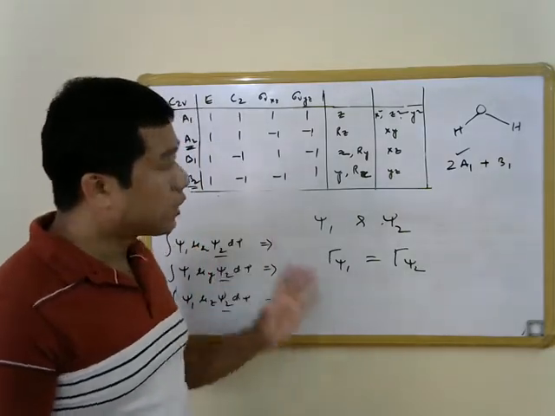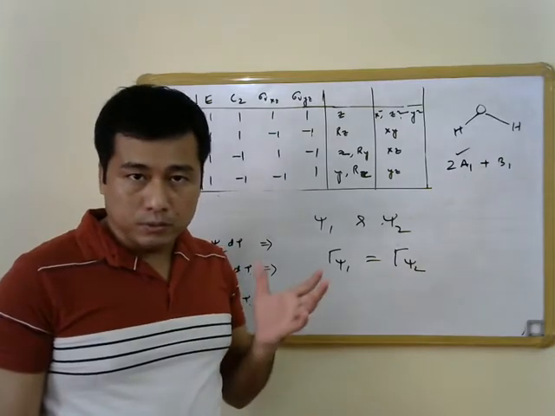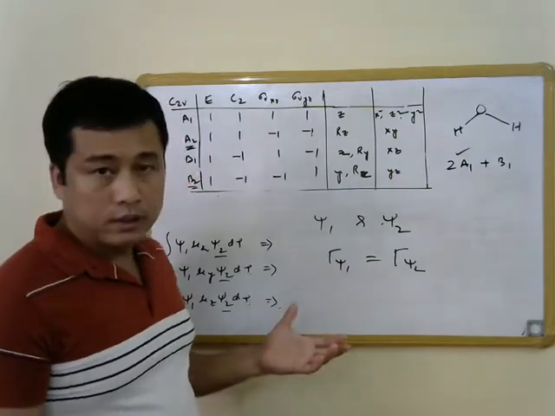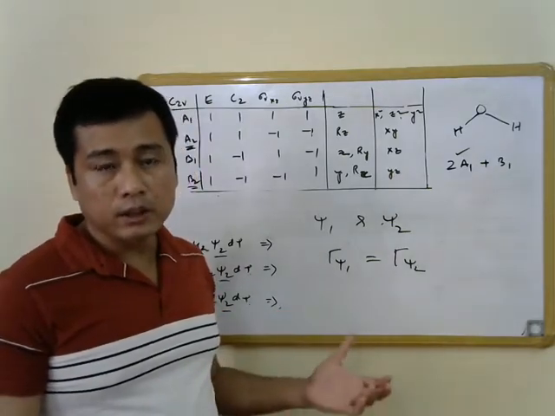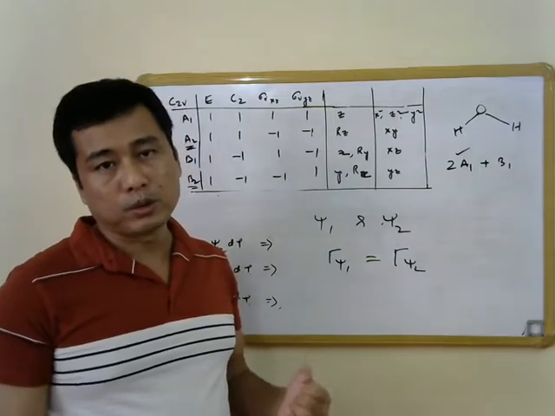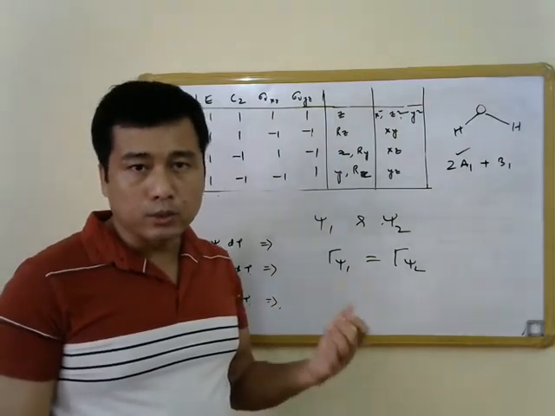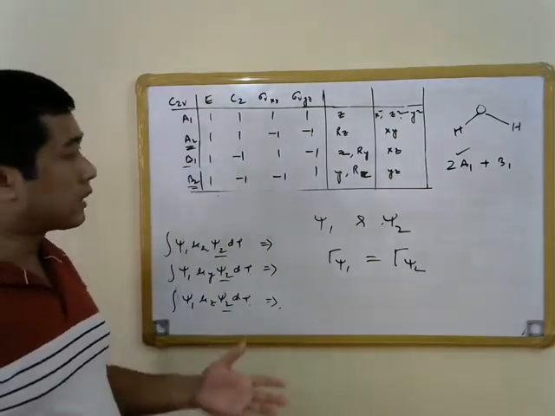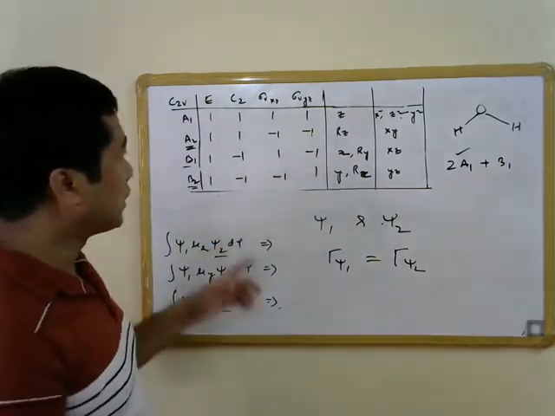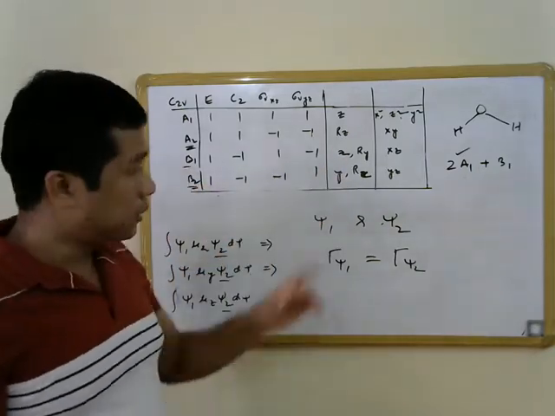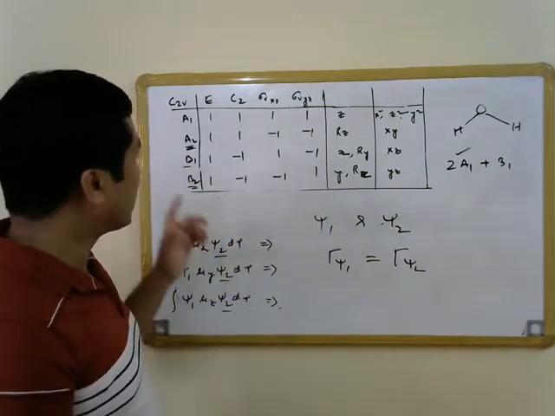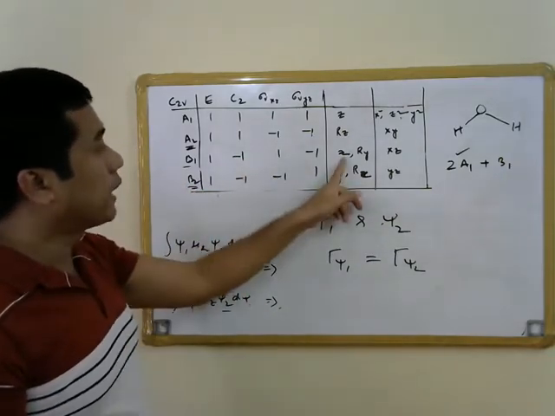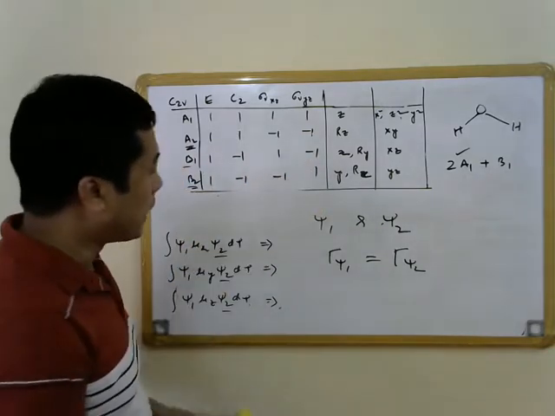So that is why, in order to find out whether a given vibrational mode is IR active or not, a very straightforward way is there. Without doing the calculations, one can find out whether a given vibrational mode is going to be IR active, and in which particular direction it is going to be polarized. So for example, a B1 mode is going to be IR active because x transforms as the B1 irreducible representation, and that is why the B1 vibrational mode is always IR active.